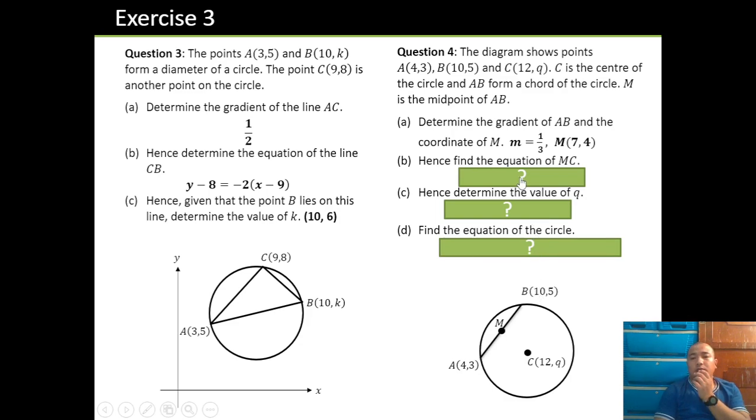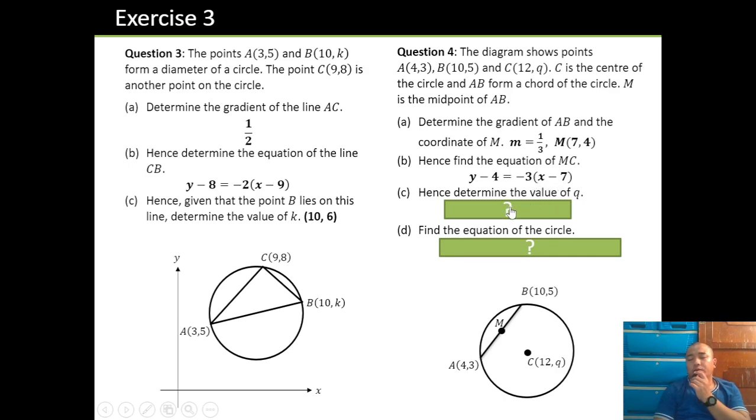Hence, find the equation of MC. Since the slope of the chord is 1/3, the slope of MC is negative 3, because they are perpendicular. y minus 4 equals negative 3 times (x minus 7).